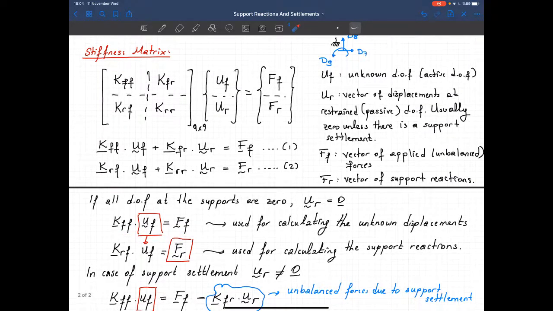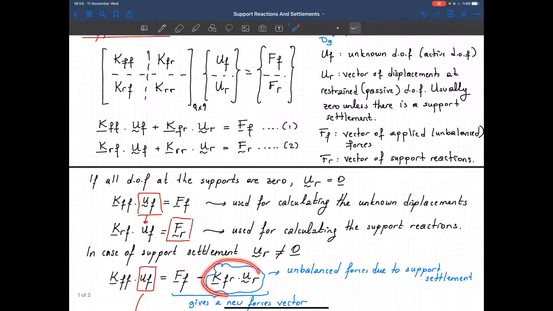If you do have support settlement, then it modifies your force vector, and use either this one or that one, obtain your UF. Once you obtain your unknown displacement vector, again, by using the second equation, this one, you can calculate the support reactions. Now we will solve two example problems to see how this approach works.